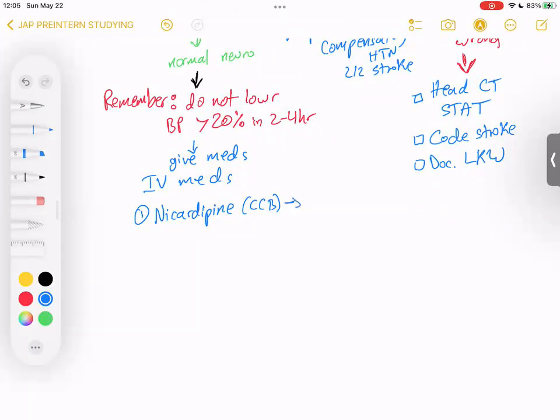But Nicardipine is a drip, and it requires ICU management because you have a drip continuously lowering blood pressure. You need to check the blood pressure every hour, or continuously, every 10 or 30 minutes. And it's titratable, they have to go up and down on it. So this you can't do on the floor.